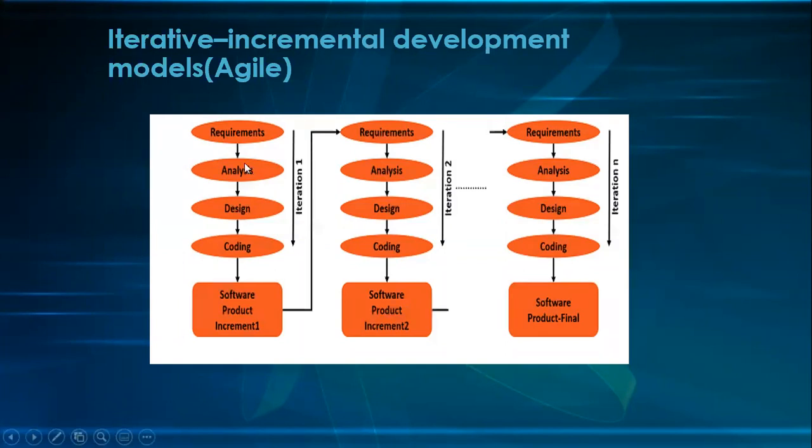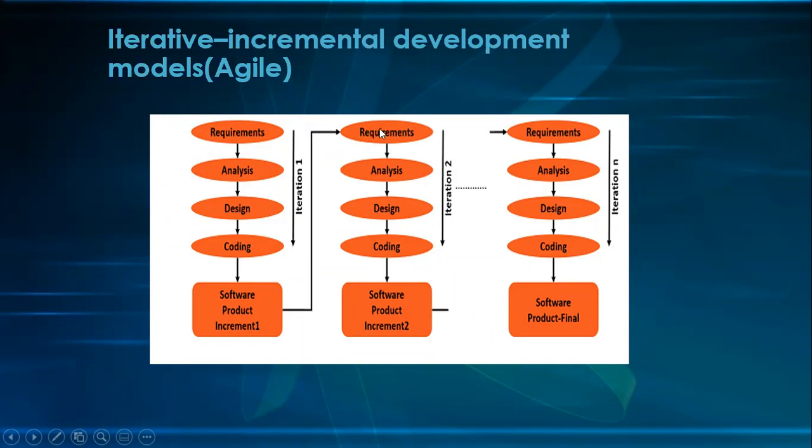First iteration: requirements gathering, we analyze it, we design it. In the design phase, that's where we test, we do everything: the architectural diagram, the code. Then we have tested, we have done everything. Then the software product is done, is delivered. Once it's delivered, that's the first iteration.